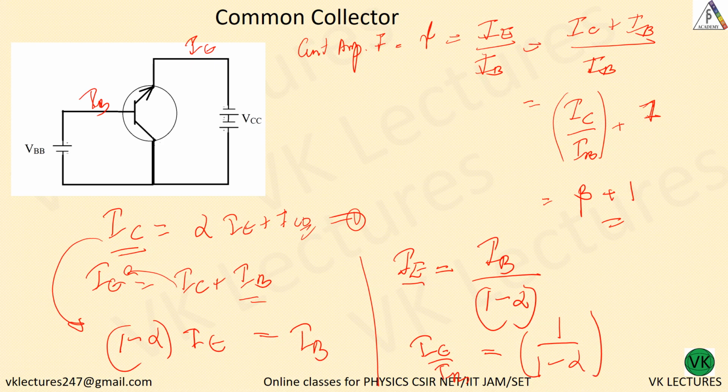Now this is in terms of alpha, and the other is in terms of beta. Both are the same thing. Gamma is equal to 1 plus beta here, and gamma is equal to 1 divided by (1 minus alpha). So you can equate. We have already seen that beta plus 1 is equal to 1 divided by (1 minus alpha).